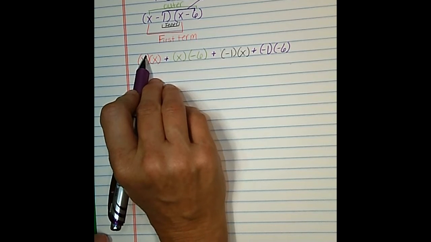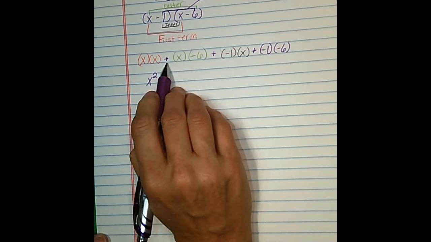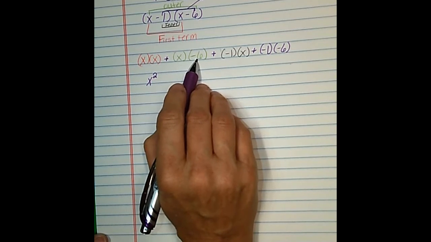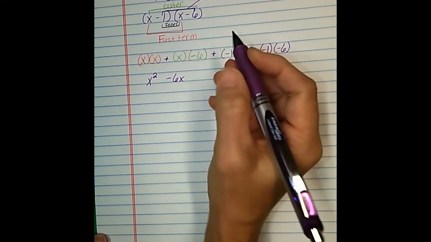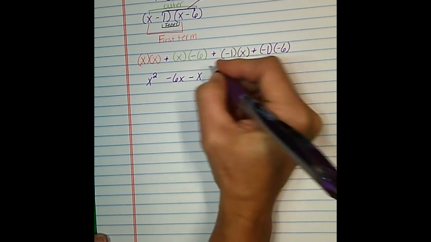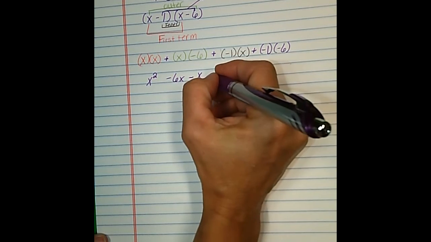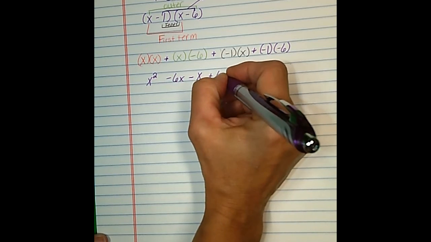So I have a power 1 plus a power 1 gives me x squared. I have a positive x times negative 6 gives me a negative 6x. I have negative 1 times positive x gives me a negative x. I have a negative 1 times a negative 6. Negative times negative is positive.